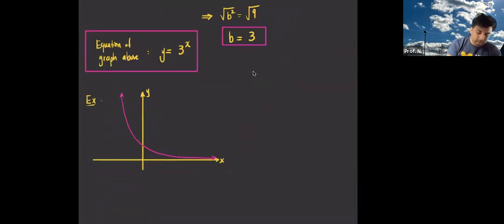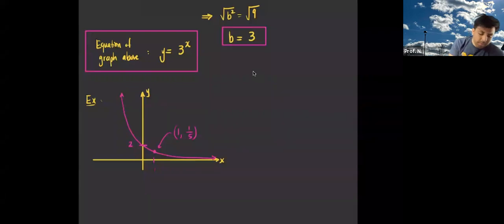Okay, so what if I get something like this? I have a point here, and this point is 1 comma 1/5. And let's make this a 2 instead.